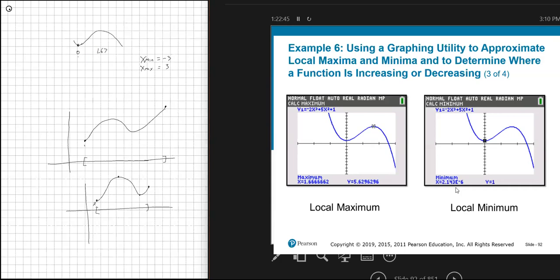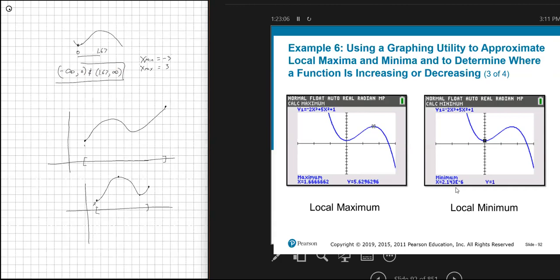And so inside here is where it's increasing, and from negative infinity to 0, it's decreasing, and from 1.67 to infinity, it's decreasing.